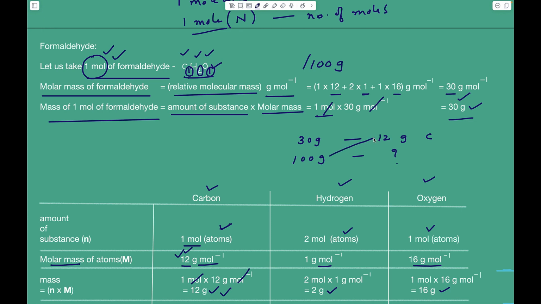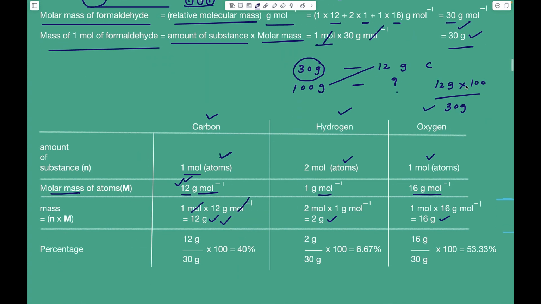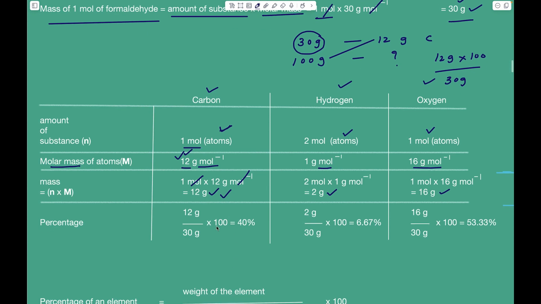You have to multiply these two terms and divide that product with this term. So it will be 12 grams multiplied with 100 over 30 grams. And this is what I have shown here. Here these two units get cancelled, and if you simplify this expression, you will get 40%.